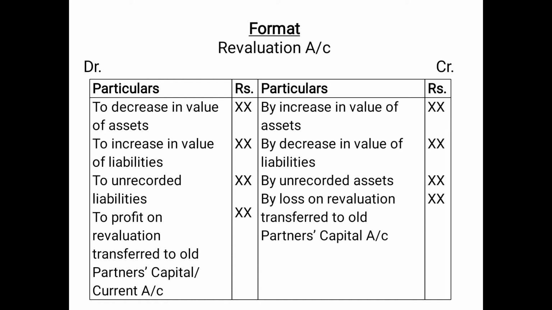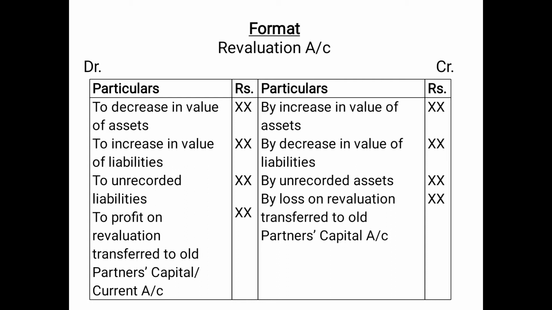Then you can see the last transaction on the debit and the credit side is profit on revaluation transferred to old partners' capital or current account, and by loss on revaluation transferred to old partners' capital account respectively. So after posting the increases and decreases in various assets and liabilities on their respective sides, we need to compare the debit with the credit side.